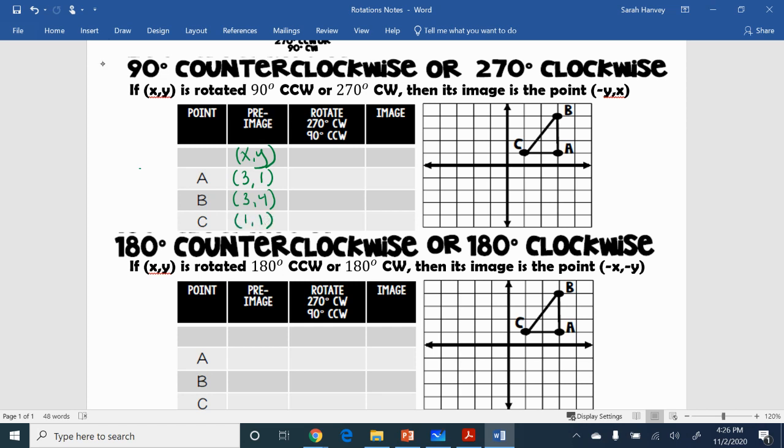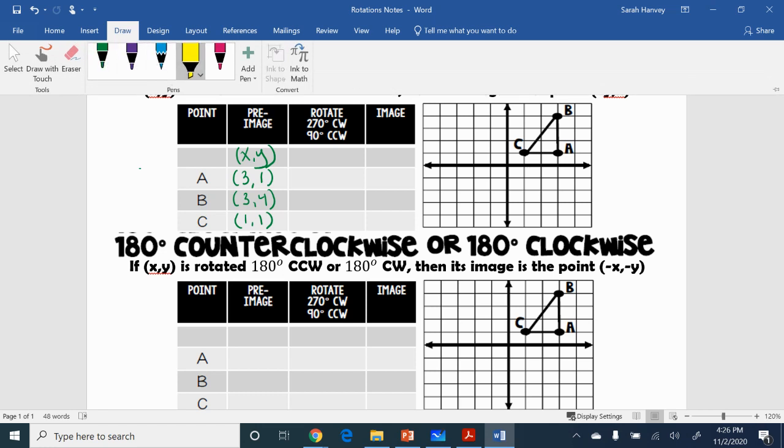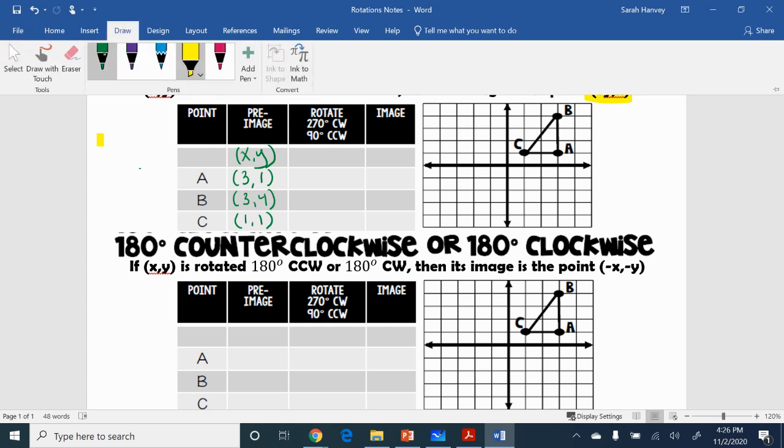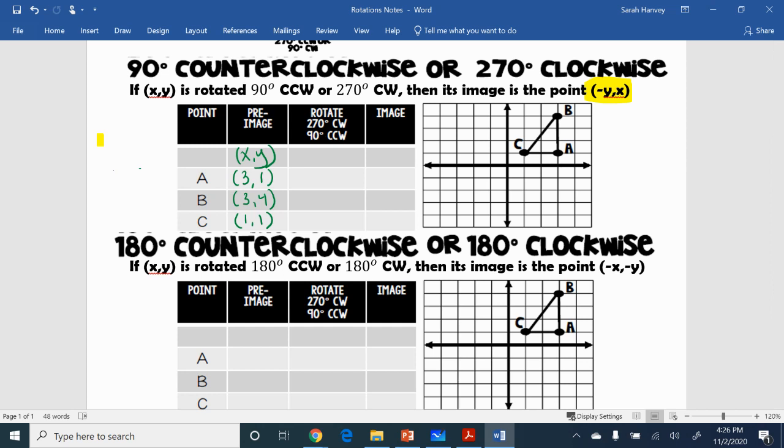And over here, we have our rule. We're going to switch our x and our y, and the new y coordinate is going to be negative. So let's write that here. We're going to go from the pre-image to our image, and the rule is (x, y) goes to (-y, x). Here we put A prime, B prime, C prime.